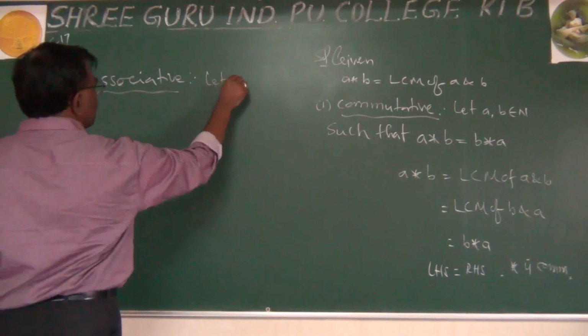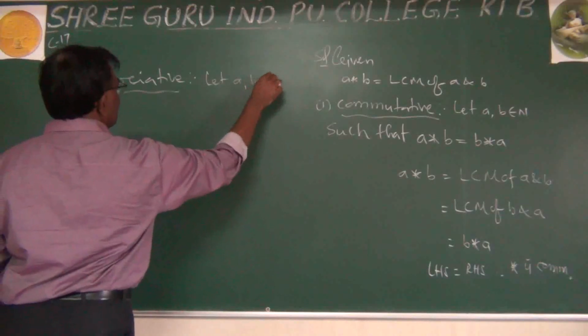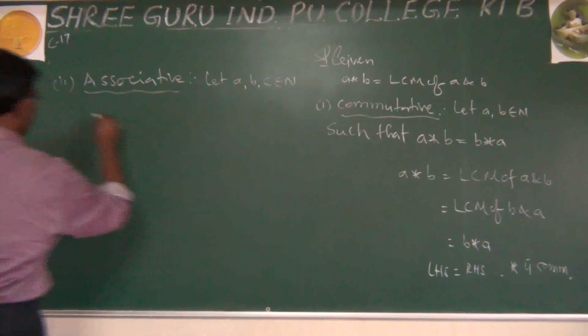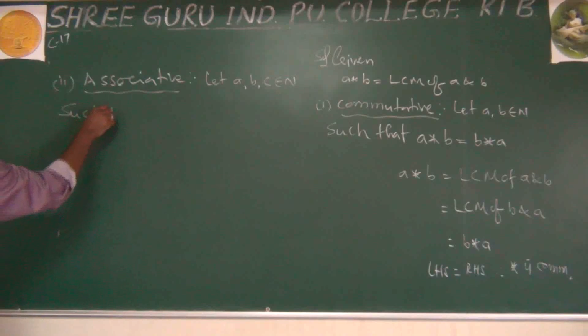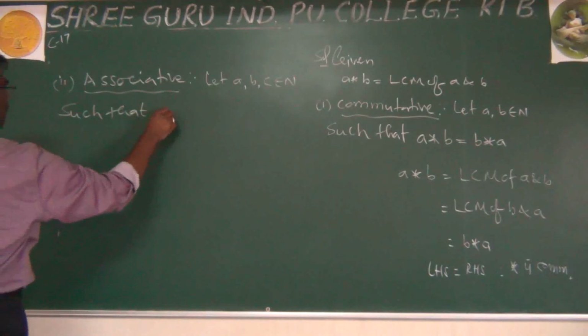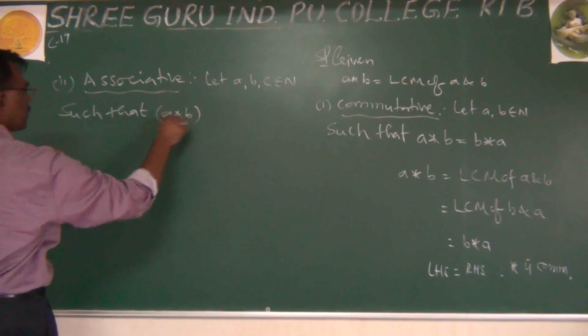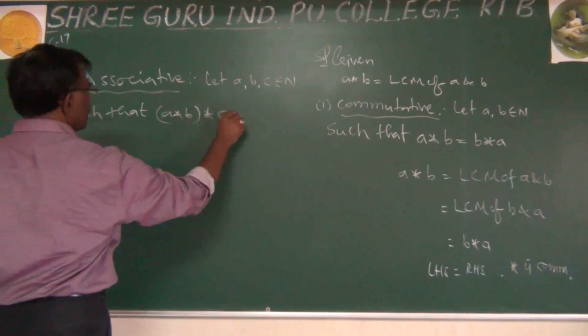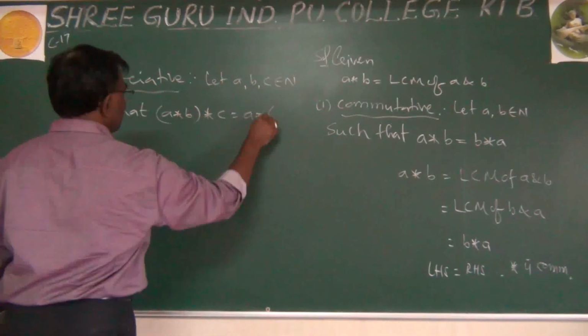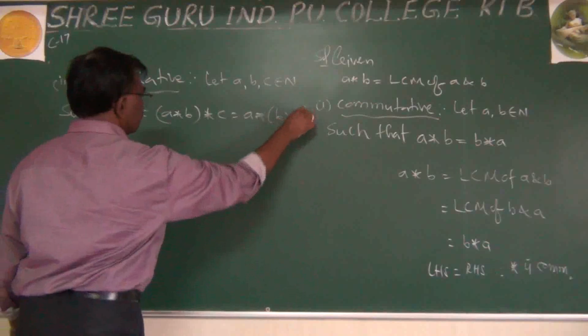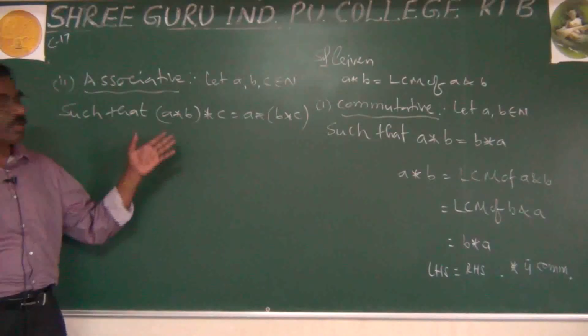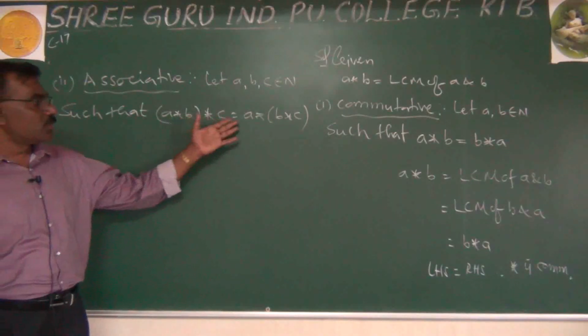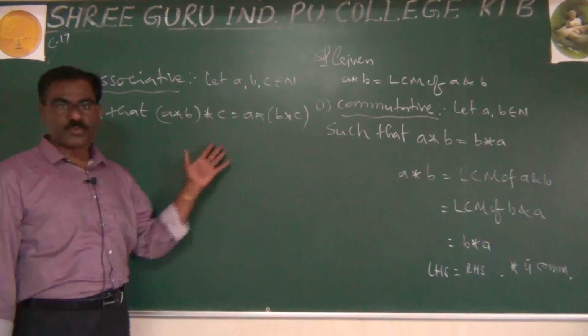Let A, B, C belong to N such that (A star B) star C equals A star (B star C). This is the property only.